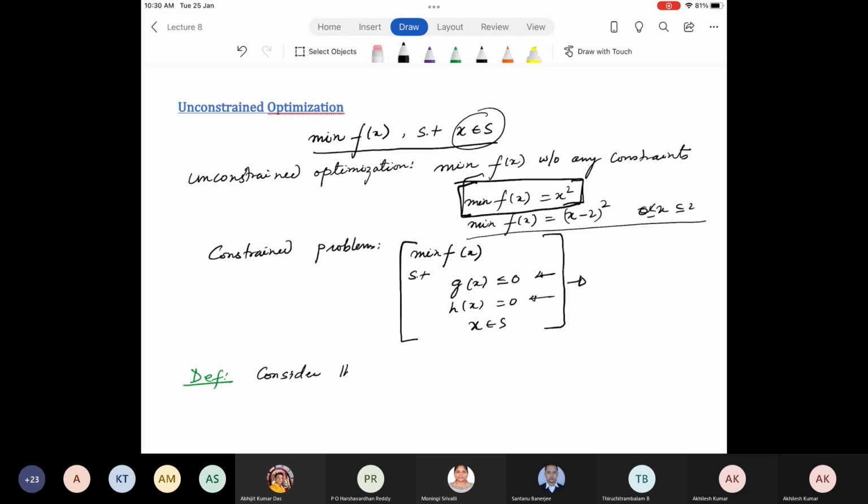Consider the problem of minimizing f(x) over R^n, and let some x bar belong to R^n.